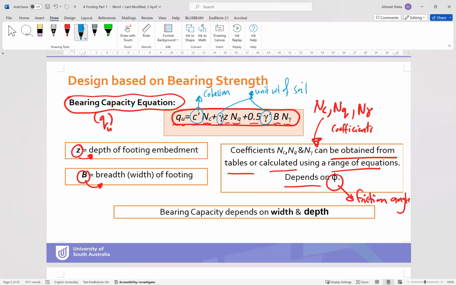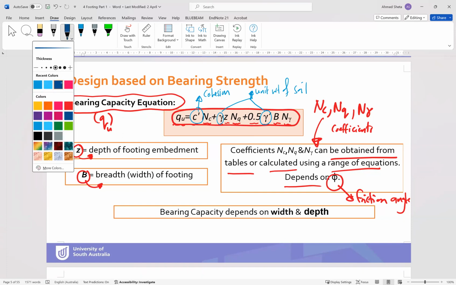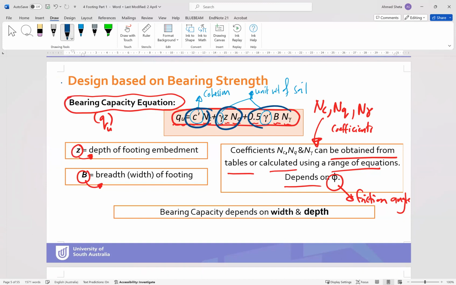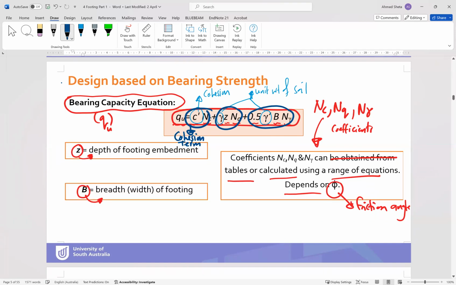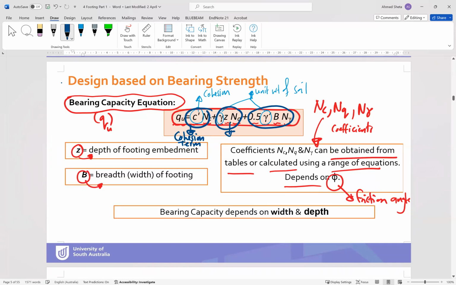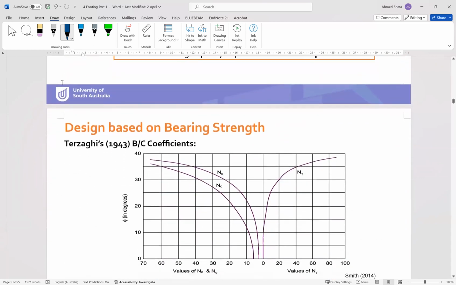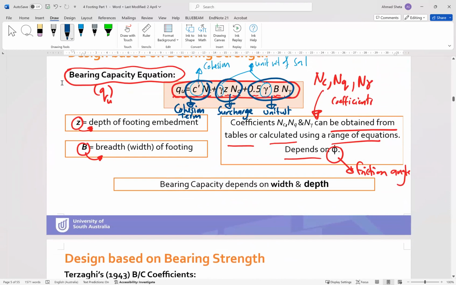Okay, and as we can see in this formula, we have three terms. The first term is called the cohesion term, which is the contribution of cohesion. This one is the surcharge term, and this one is the unit weight term. Okay, so let's go deeper into the equation.